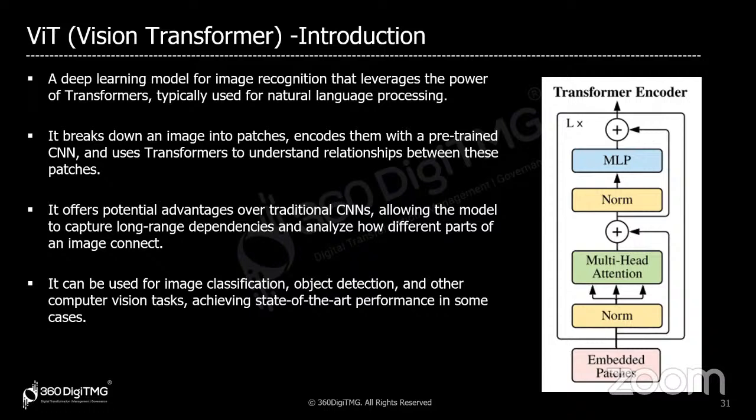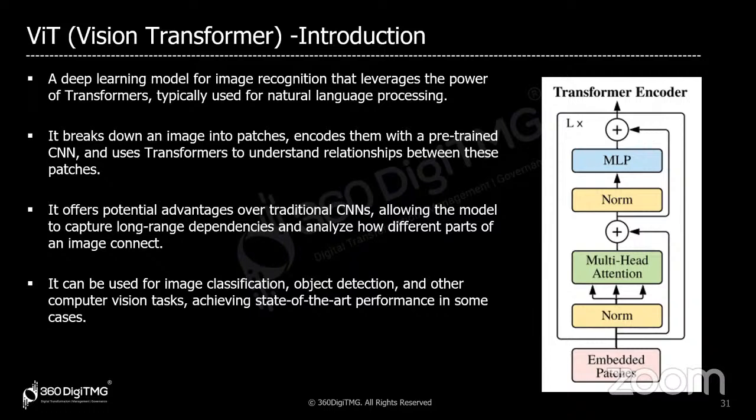It breaks down an image into small patches, or small pixel blocks. We can encode them with a pre-trained CNN model, and it uses the transformer to understand the relationship between these patches.